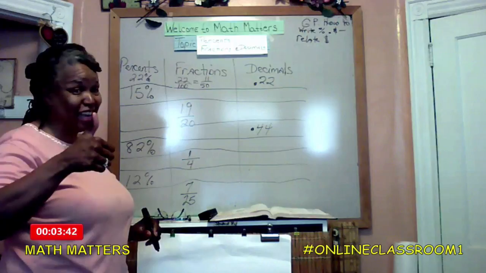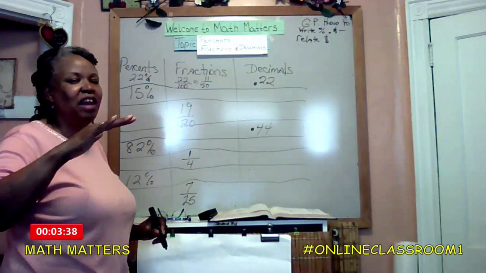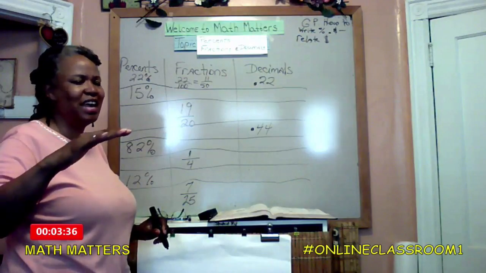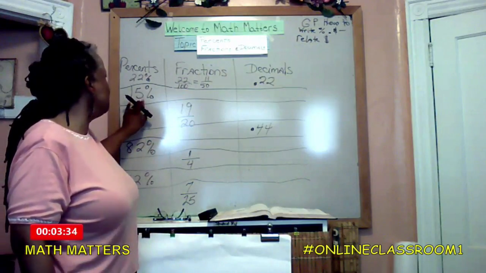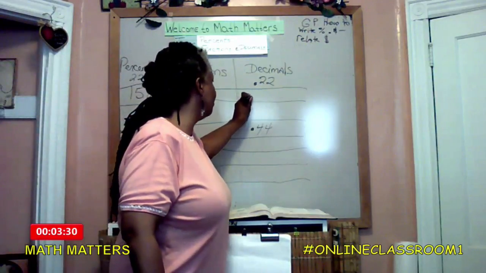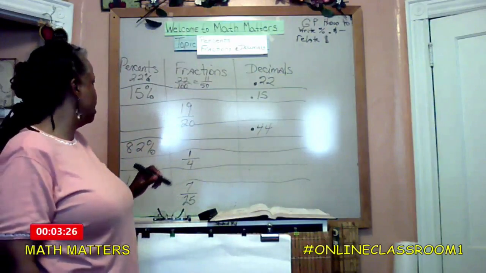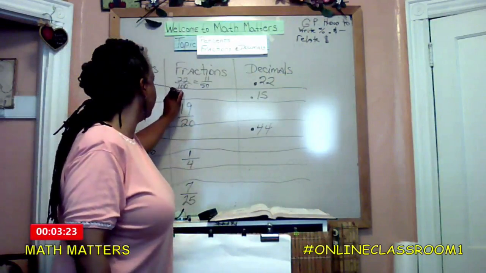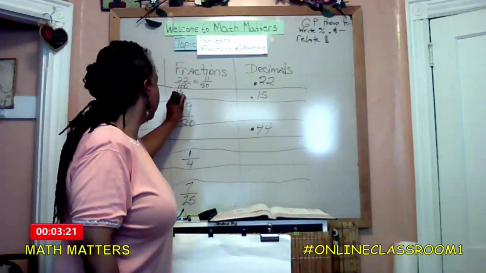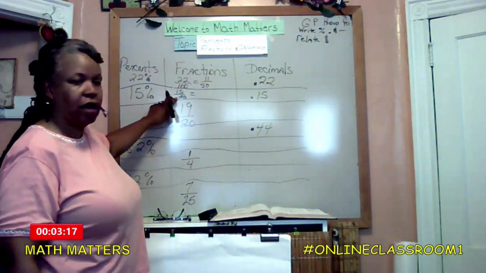So we can be on the same plane, the same level of understanding here. So 15%, I'm going to jump right over to the decimal because I know that looks like 15 cents. That's an easy fix. And then 15 out of 100 and reduce. I see a common 5 here, common 5 here.